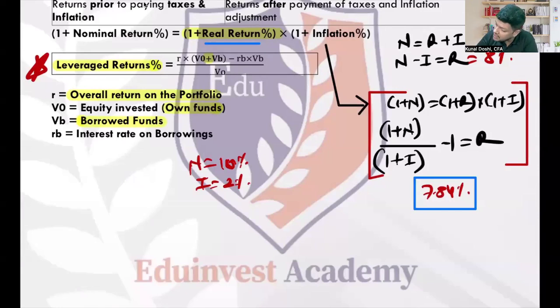So this is your overall return on the portfolio from which I will subtract the interest. RB is the interest rate. Is the interest calculated on the whole funds or only on the borrowed funds? On the borrowed funds only. Therefore, RB, that is interest rate, times VB, the borrowed funds. So this is interest which is calculated only on the borrowed funds, divided by your investment, not the total investment. Your investment is V0. This gives you leverage returns.